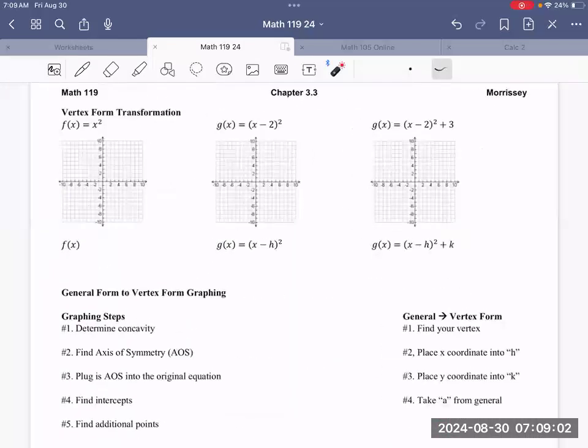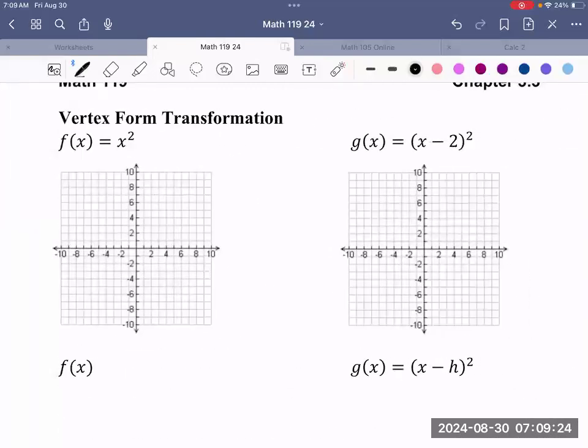Now let's think about this vertex as being a transformation. So can you pause the video and just very, very quickly identify your vertex, and then go ahead and give a very quick picture of what your graph is going to look like. So for ours, we have f of x is equal to x squared.